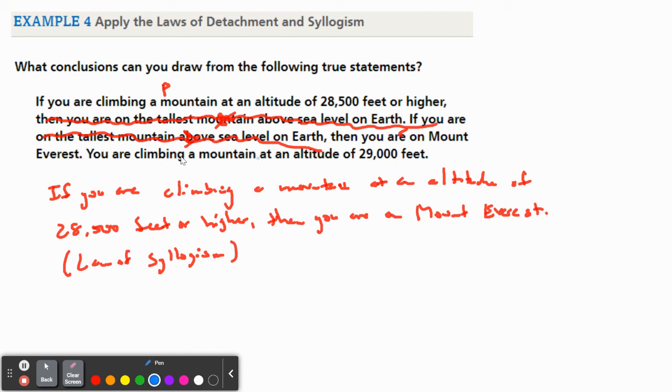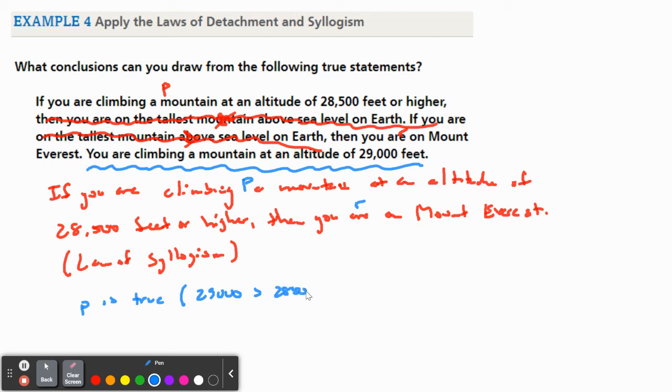But now, if we take into account this remaining statement that we really haven't used, you now have a conditional here, and we'll use the P's and R's. If P, then R. But this right here, the fact that you're at an altitude of 29,000 feet, that is 28,500 feet or more. So 29,000 feet is more than that. So that means that P is true. And again, it's because 29,000 is more than 28,500.